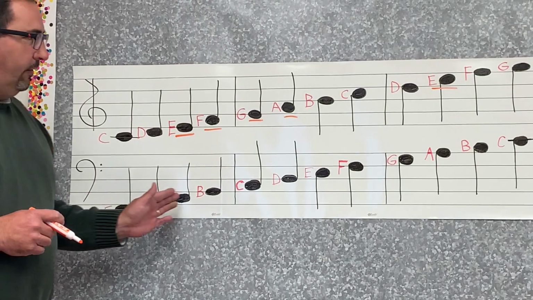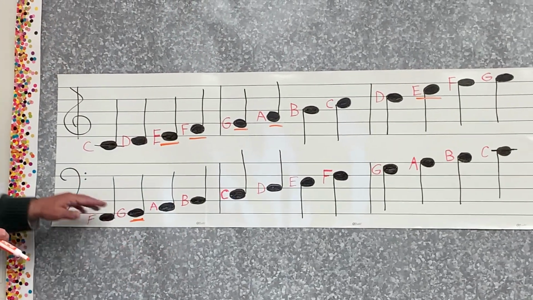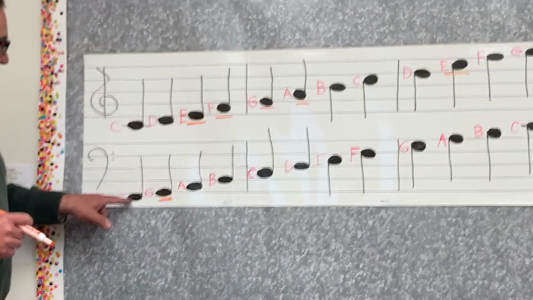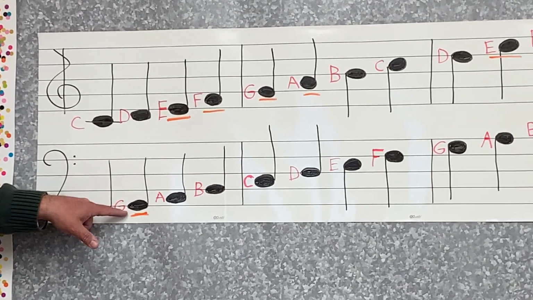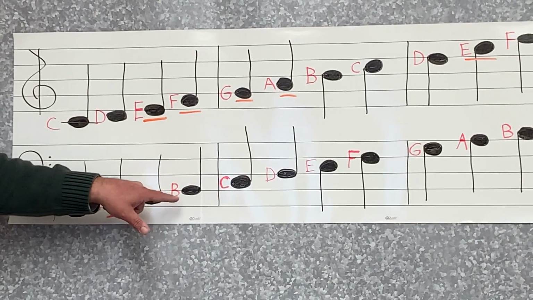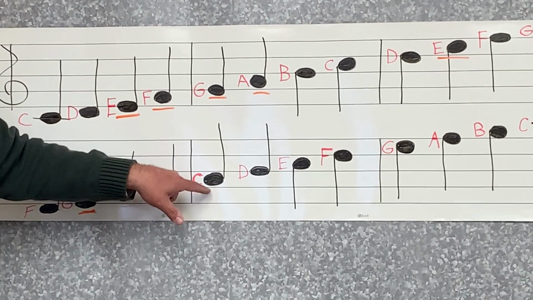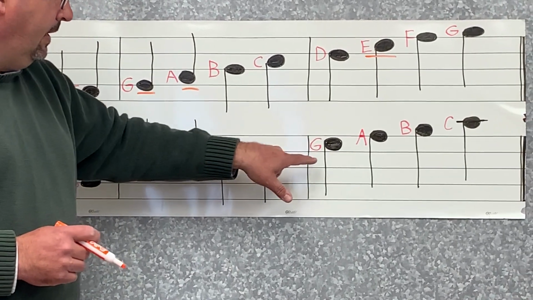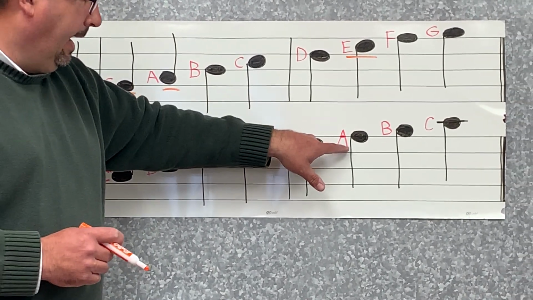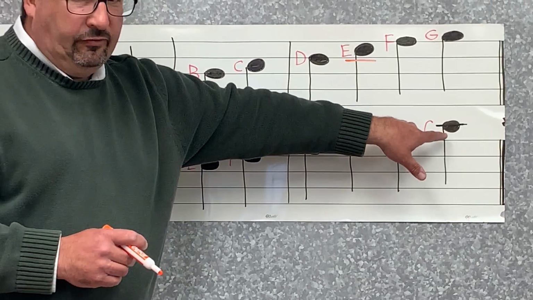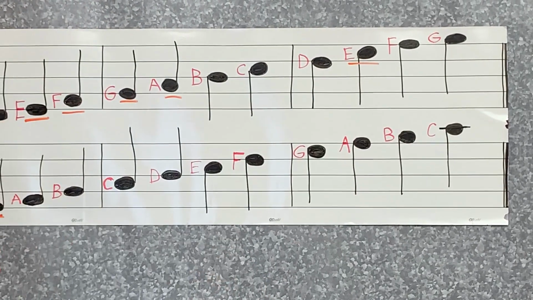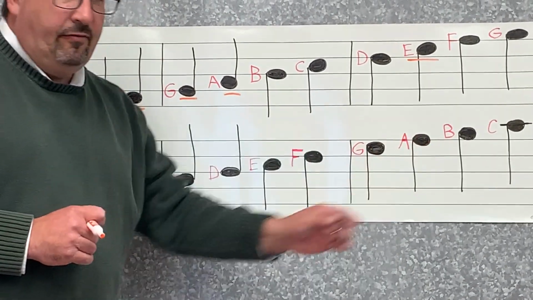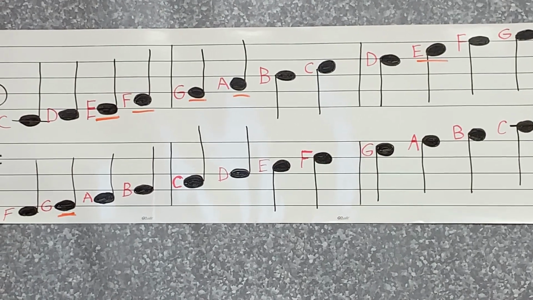So let's say together all of the notes in the bass clef, starting with the first note below the line, F, G, A, B, C, D, E, F, G, A, B, C. Okay? Which note of all of the notes in our bass clef is the highest note?